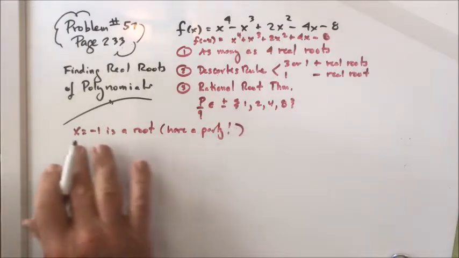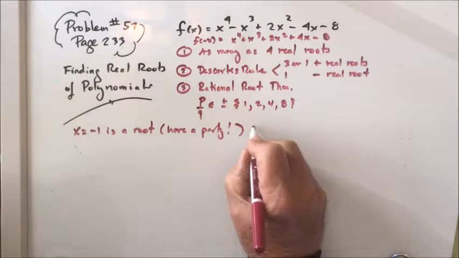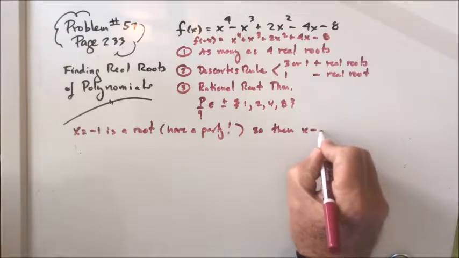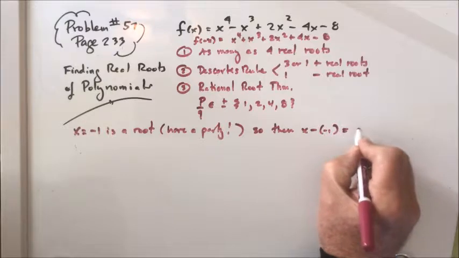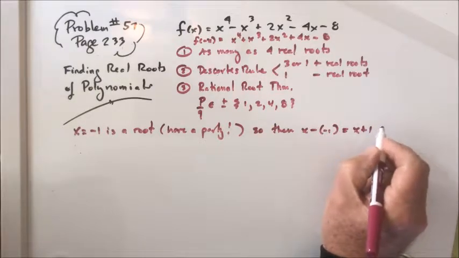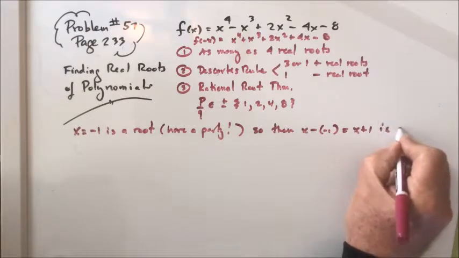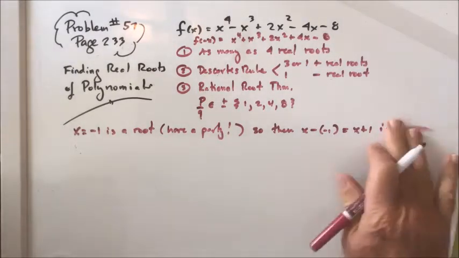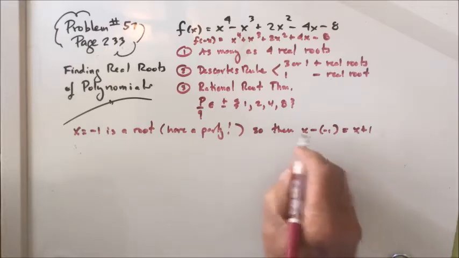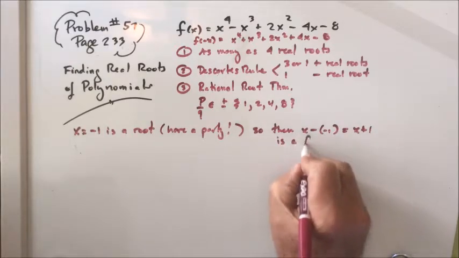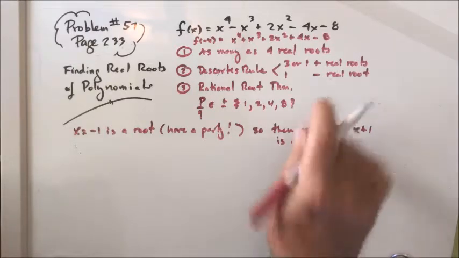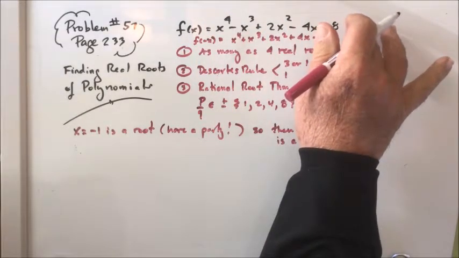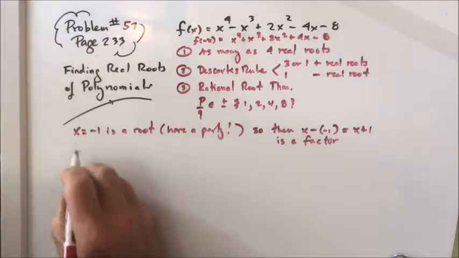Okay, because if x equals minus 1 is a root, then x minus minus 1, aka x plus 1, is a factor. And I can use that factor to reduce this fourth order polynomial to a third order polynomial.